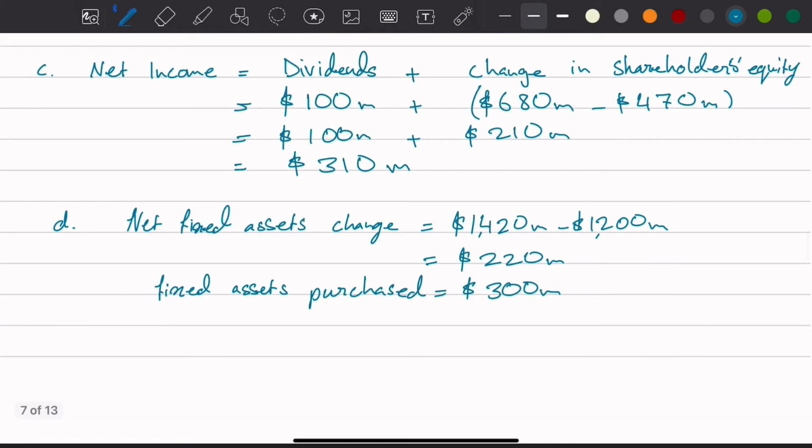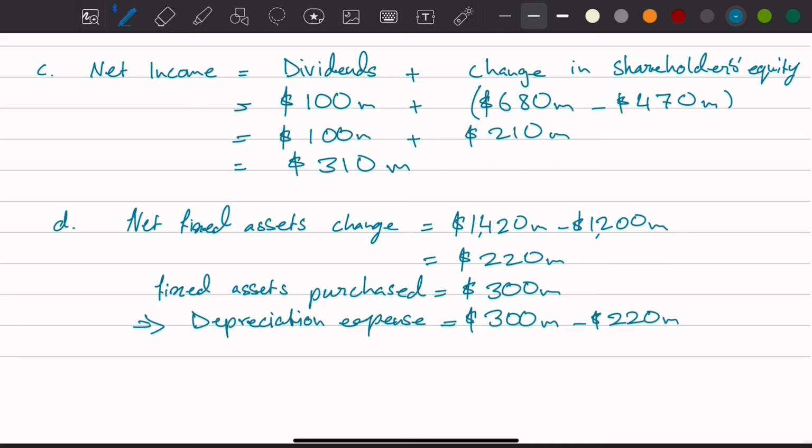So that means the depreciation expense is equal to 300 million minus 220 million, and that is 80 million. Okay, I hope this part is clear.